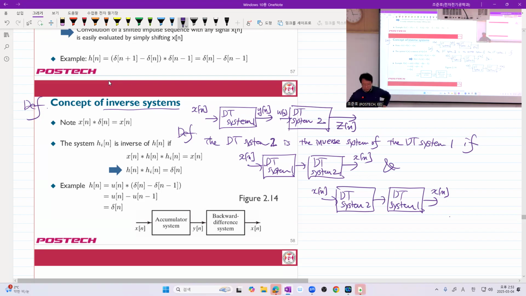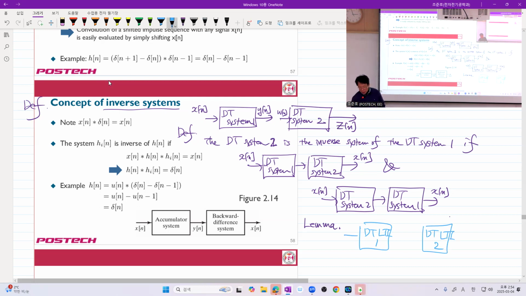Now, here goes the lemma. Suppose these two systems are DT LTI. So let's consider DT LTI 1 and DT LTI 2.